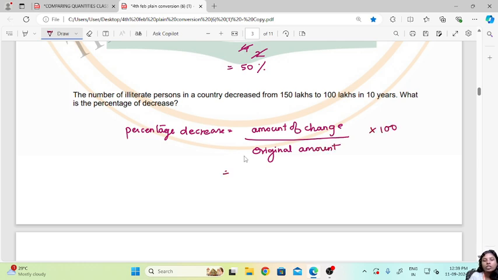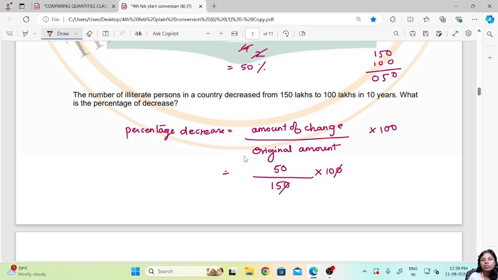So the amount of change, it fell from what? 150 to 100. So 150 minus 100, that will be 50. So 50 lakhs upon the original is how much? The number in the country decreased from 150, so originally it was 150 into 100.